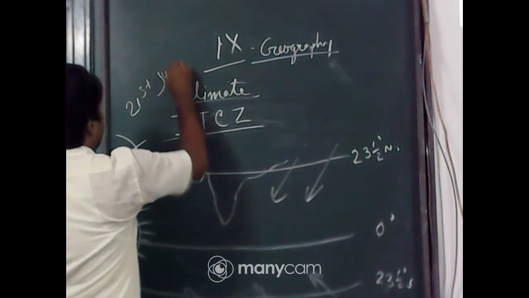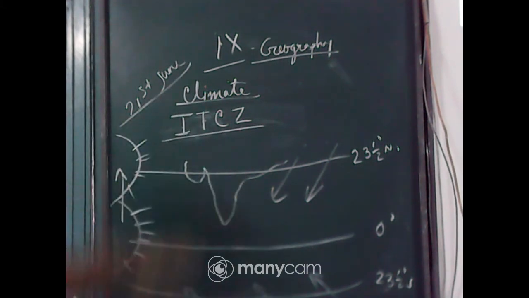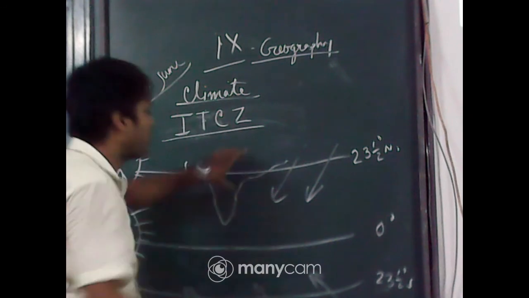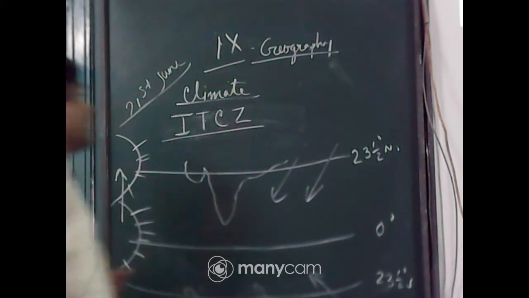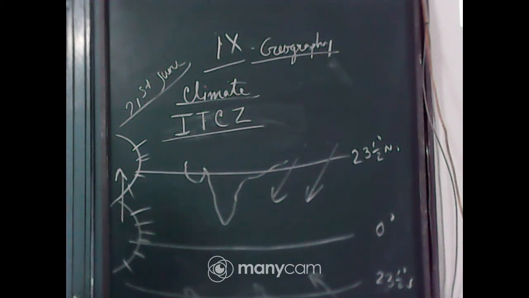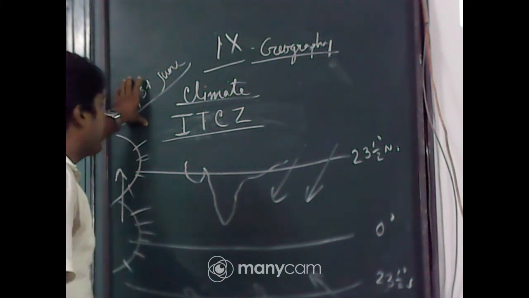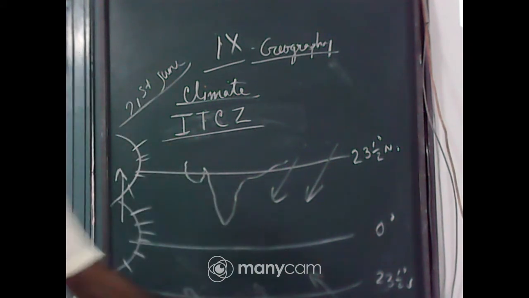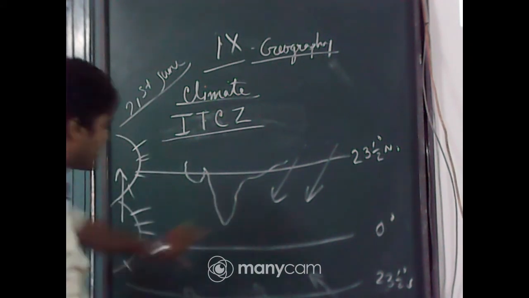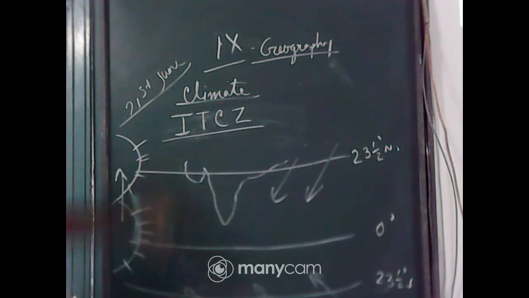Each and every year the day is long and night is short, because the sun is vertically situated on the Tropic of Cancer. In the northern hemisphere daytime is long and night time is short. During 21st June, ITCZ also shifted from the equator to the Tropic of Cancer.